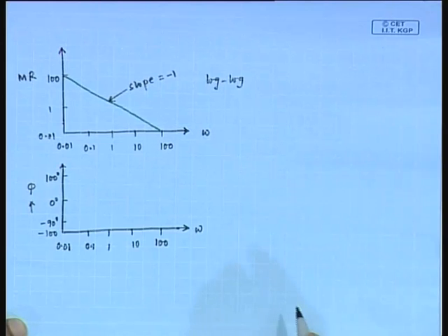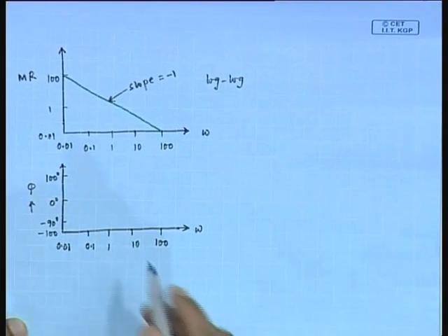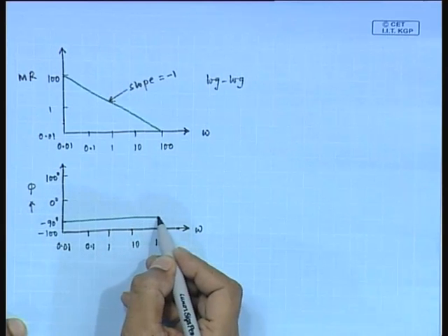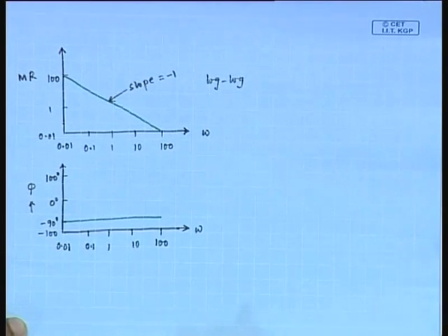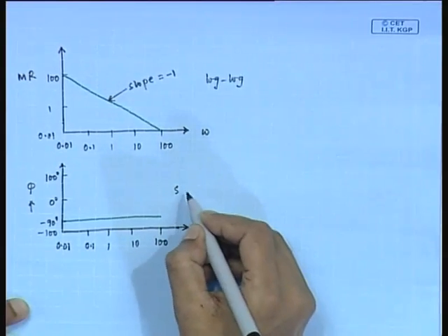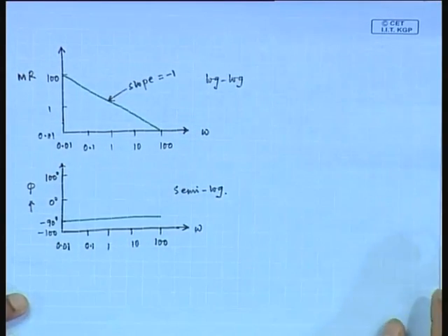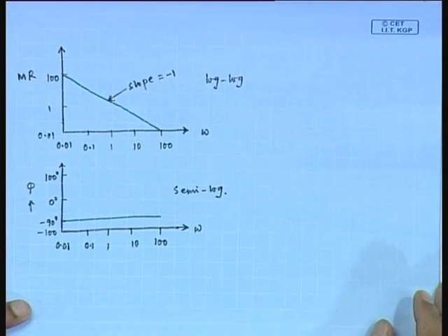Since phi is independent of omega and that is always minus 90 degree, we get this horizontal line for phi, and this plot is produced in semi-log graph paper. Fine.